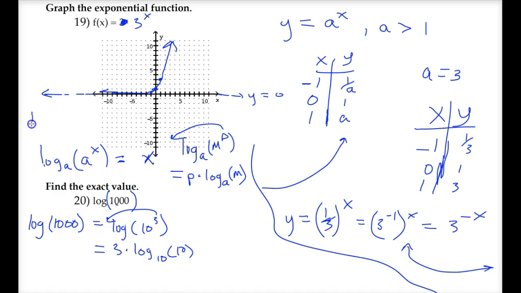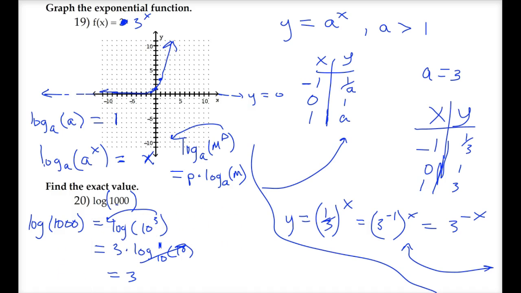And we have another log property that says log base a of a is always equal to 1. So log base 10 of 10 is just equal to 1, and 3 times 1 is 3. Whether you do it the first way or the way that I've done it here, that is what I'm looking for whenever you do this problem. And remember, if you just give me the answer without showing me any work, then you do not get full credit for the problem. Okay?